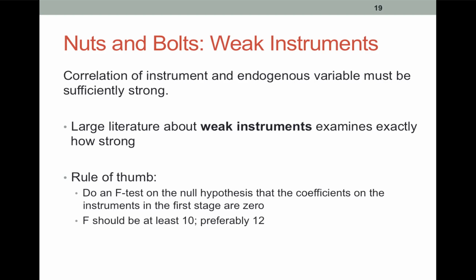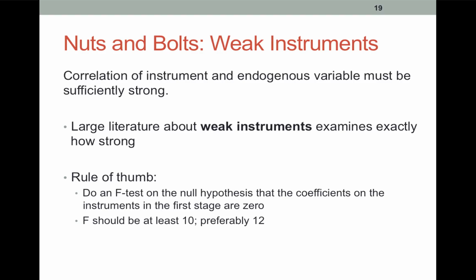Now, one of the most important things to worry about when you're doing IV is that your instrument is sufficiently correlated with your endogenous variable. This turned out to be a serious problem with the quarter of birth as an instrument for years of schooling. A rule of thumb that many people use now is that they do an F-test on the null hypothesis that the coefficients on the instruments in the first stage are 0.